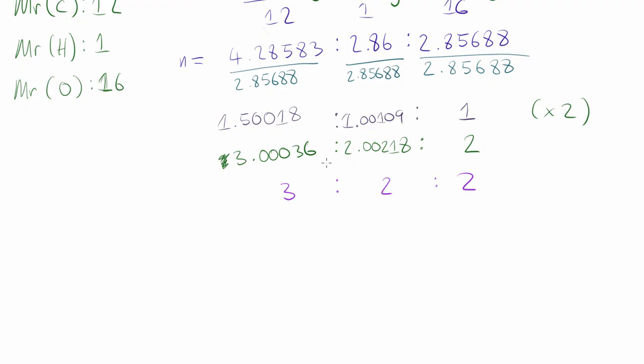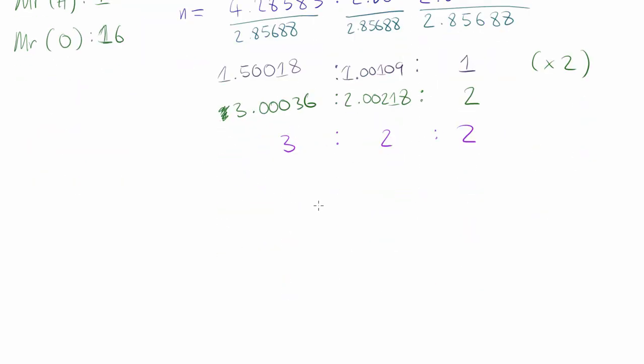So in this case, the formula would be effectively, so this is carbon, hydrogen, oxygen, right? C3H2O2, right? C3H2O2. So this would be effectively our empirical formula in this particular instance. All right.